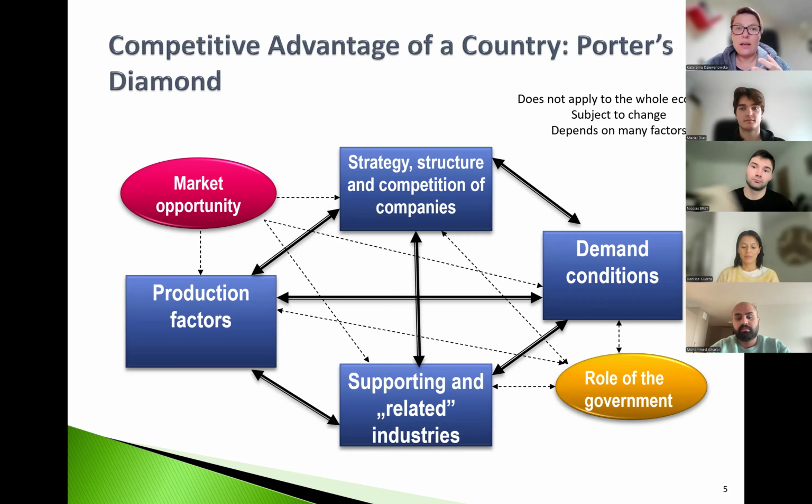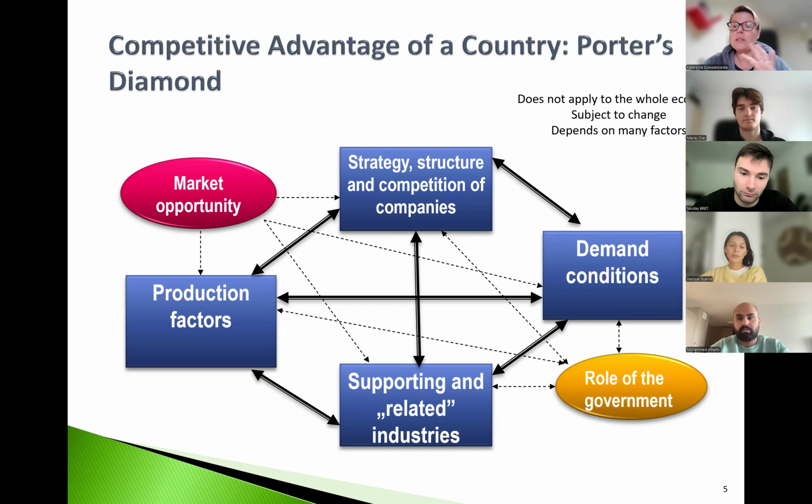Unfortunately, events like wars are also market opportunities for some businesses, right? Switzerland became neutral during the Second World War, and nowadays with the war in Ukraine, we also have an opportunity for heavy industry to develop now, or to help rebuild the country later. Okay, that's sad, but anyway.